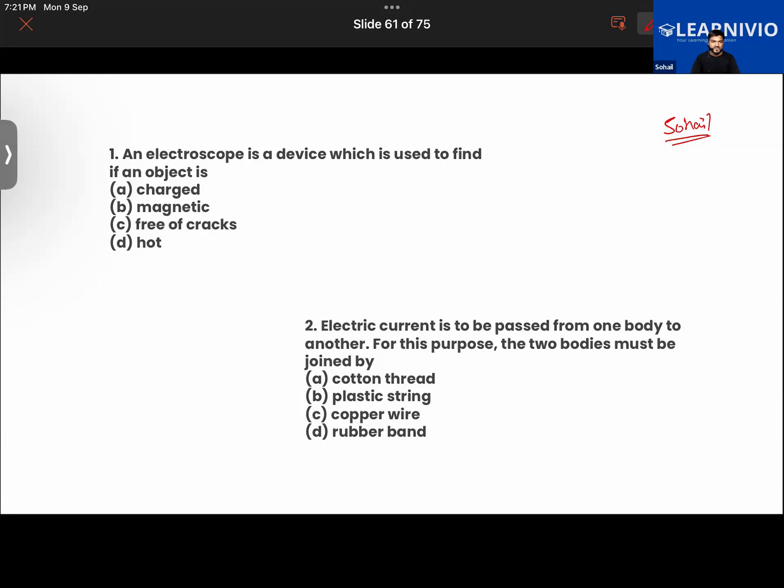Yes, what happened to others? Okay, Alif. That is correct, Alif. Yes, Roni, you are left to answer. Just write the option number.